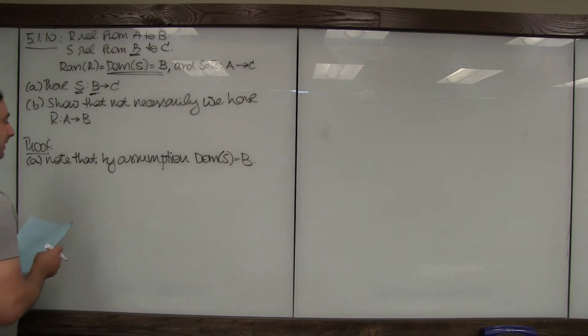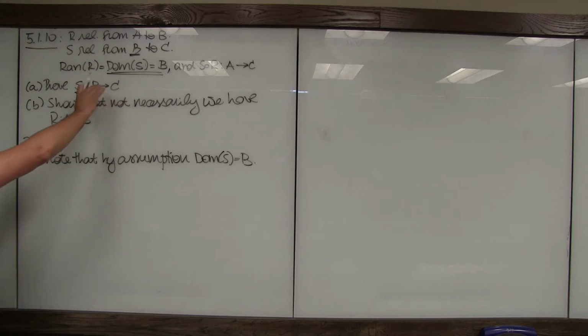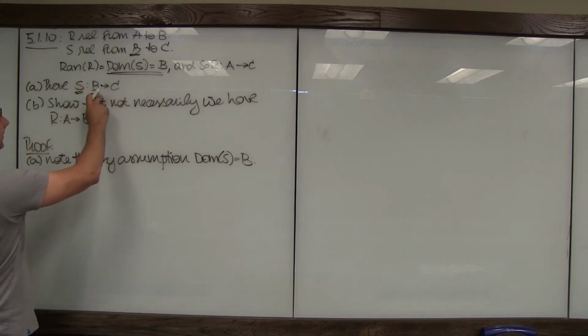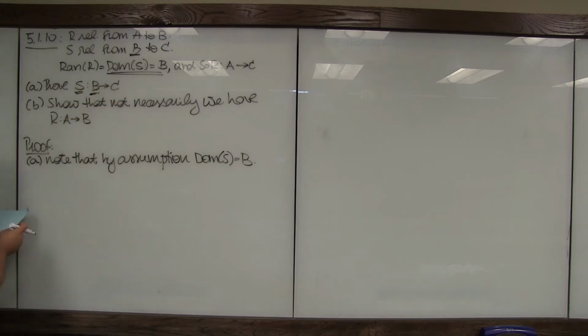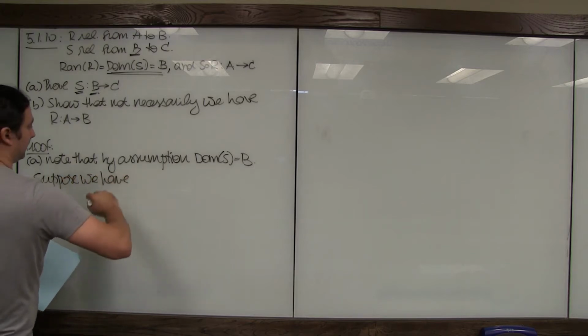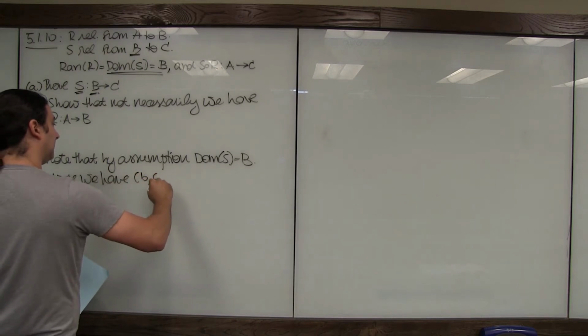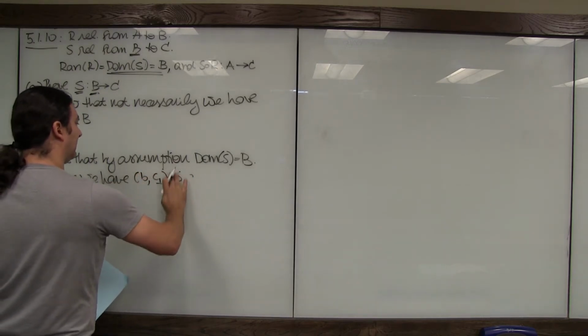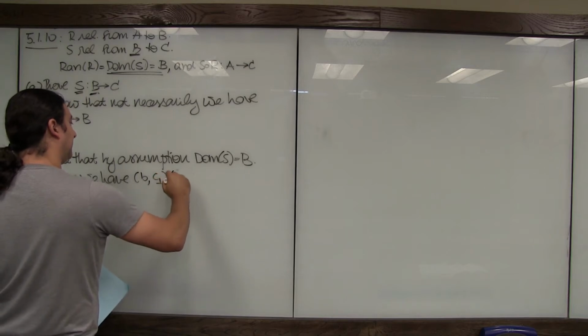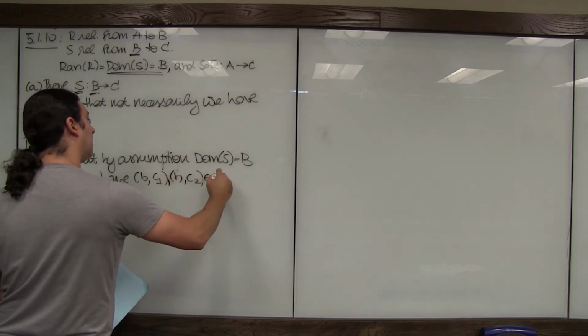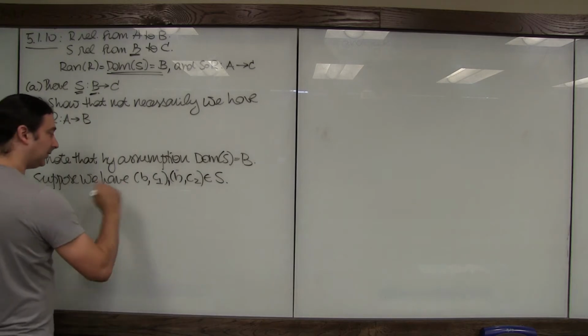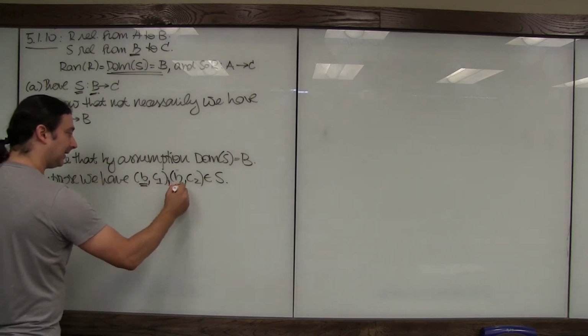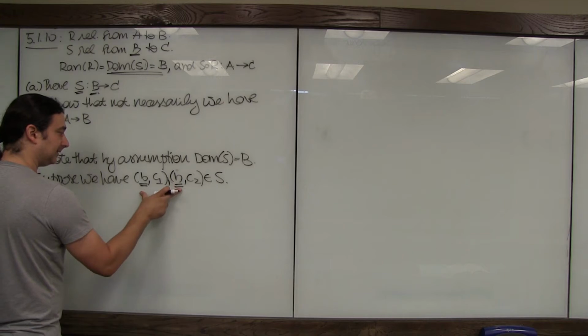Let's try to do it. Well, there are two ways to do it. We can assume that we have b related to, well, let me write this down. So suppose we have (b, c1) and (b, c2), both in S. So what I was trying to say before is that we have the same b in the first entry.